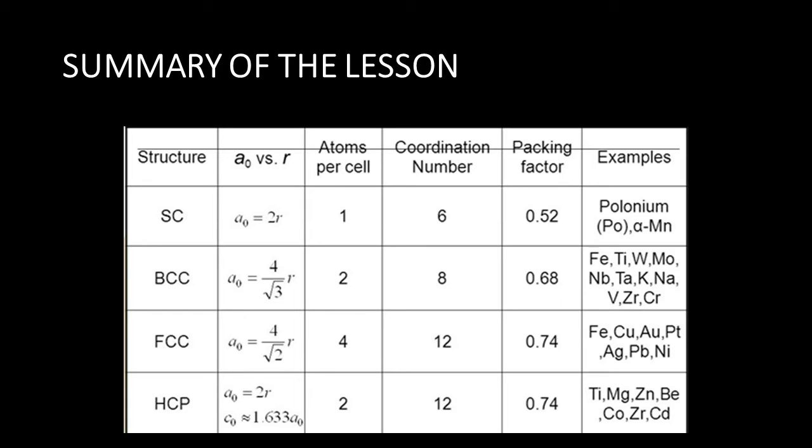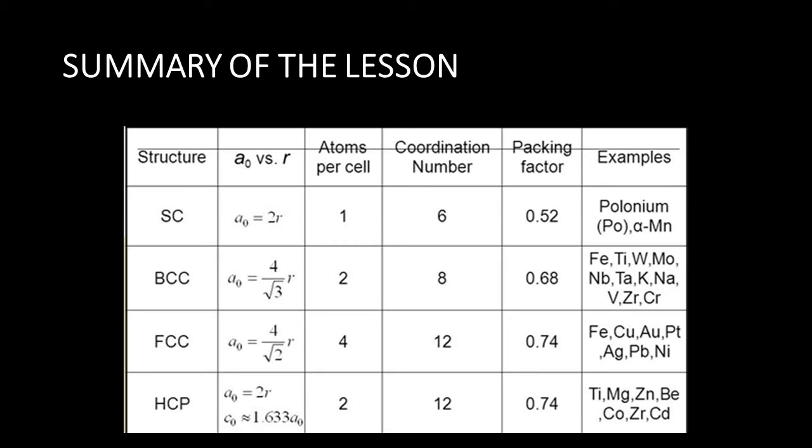It has two atoms, coordination number 8, packaging factor 0.68. In FCC, a while ago I said square root of 8, but it's the same here, which is 4R over 2 square root of 2. If you do the math, it will show square root of 8 also. Atoms per cell is 4, coordination number 12.